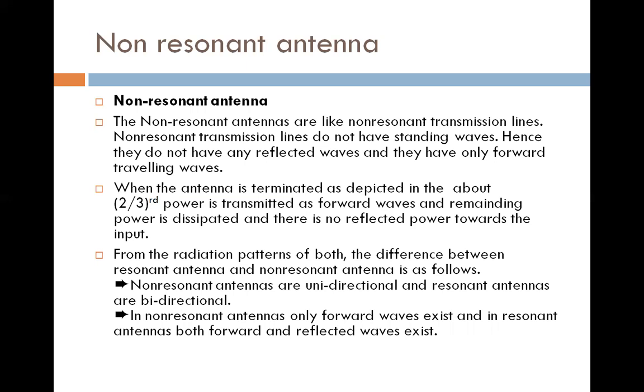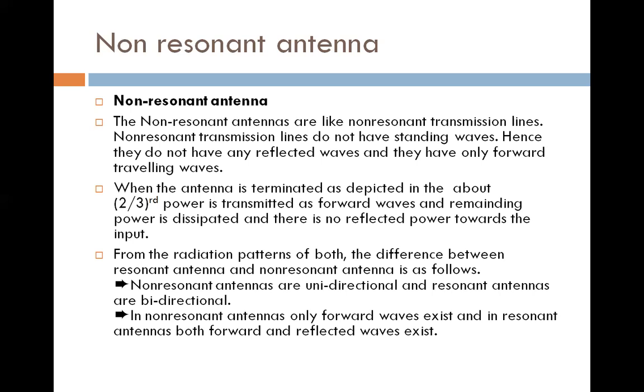From the radiation pattern of both, the difference between resonant and non-resonant antenna is as follows. Non-resonant antennas are unidirectional and resonant antennas are bidirectional. In the non-resonant antenna, only the forward wave exists, and in the resonant antenna, both forward and reflected waves exist. If we see the summary of the non-resonant antenna: first, the radiation pattern is unidirectional.